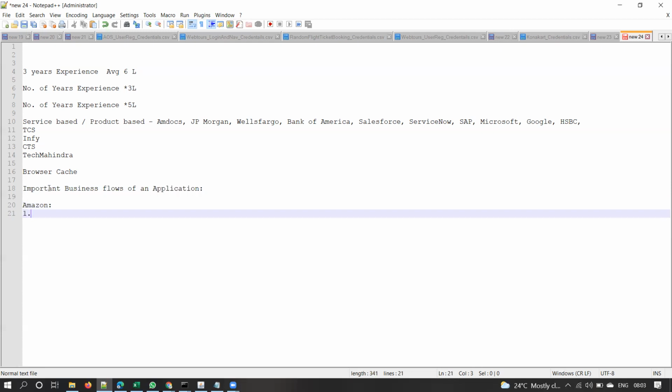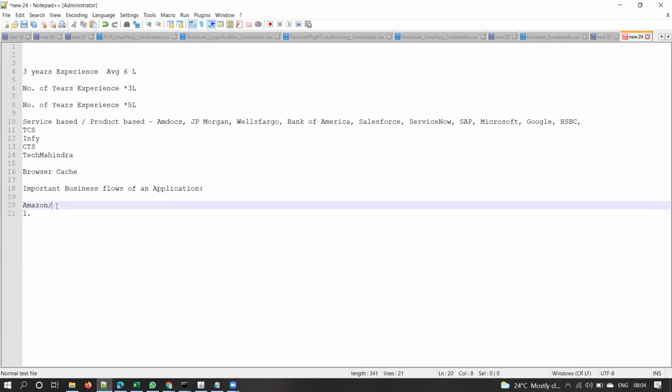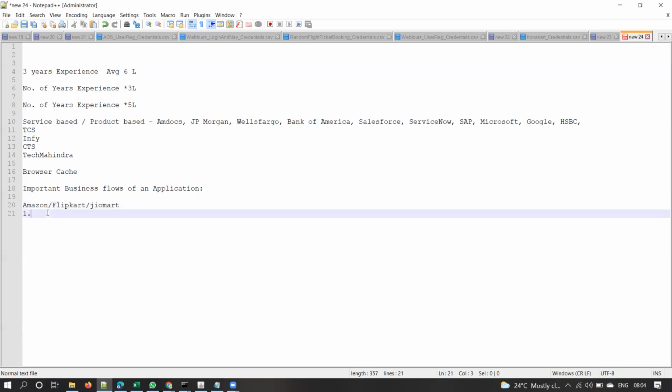Business flows means what most of the users do with an e-commerce application like Amazon or Flipkart, or JioMart. Recently, Jio has started JioMart. What do we generally do with these applications?